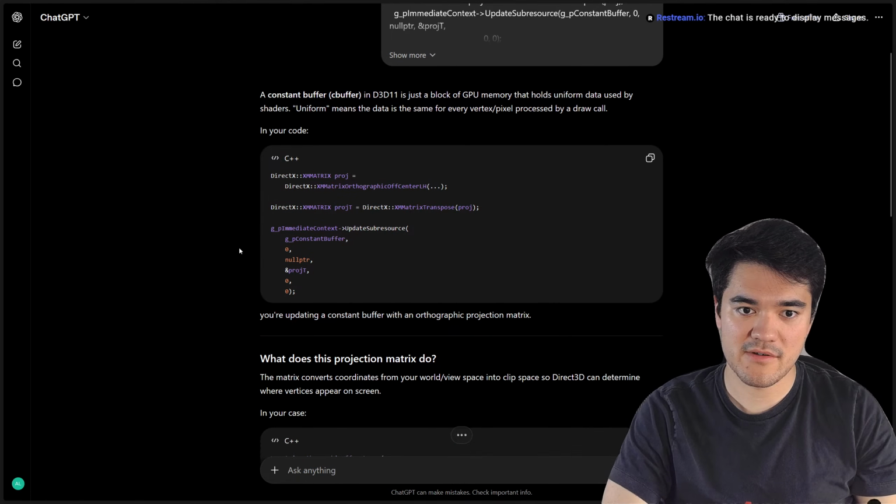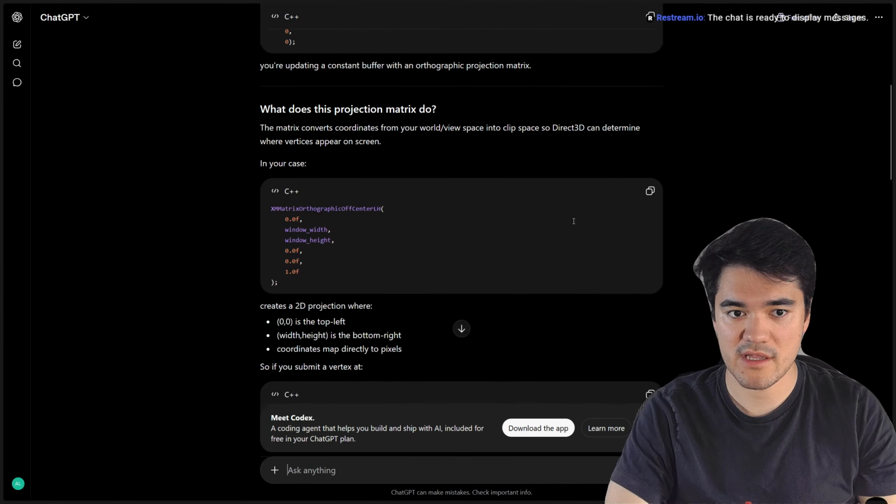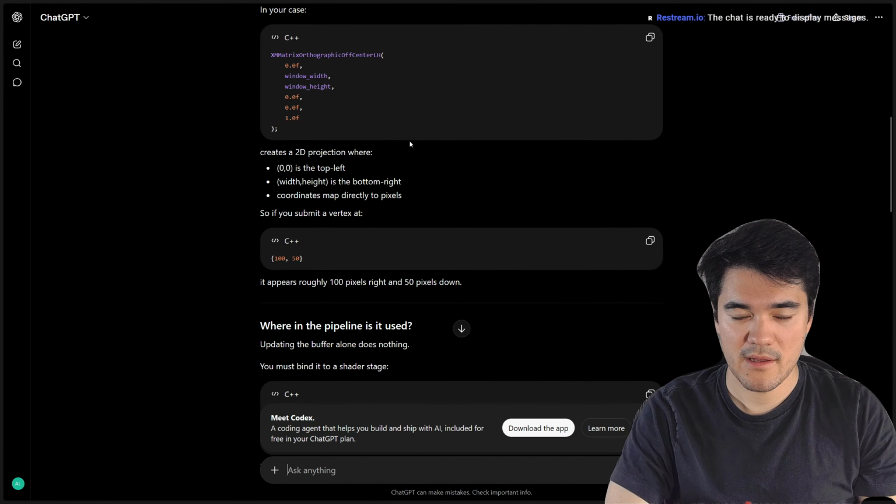Okay, so here we go. I'm pretty sure it's just a matrix that's applied to everything, right? And it's an ortho matrix into clip space.